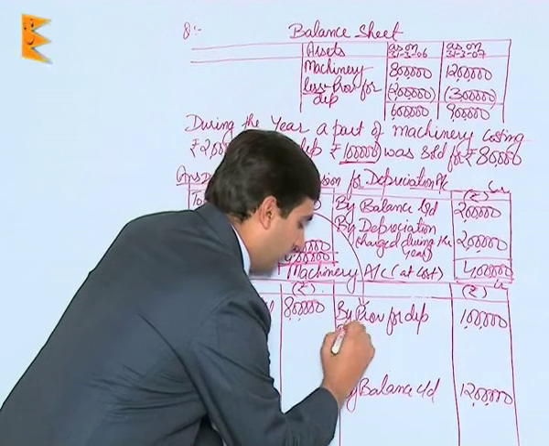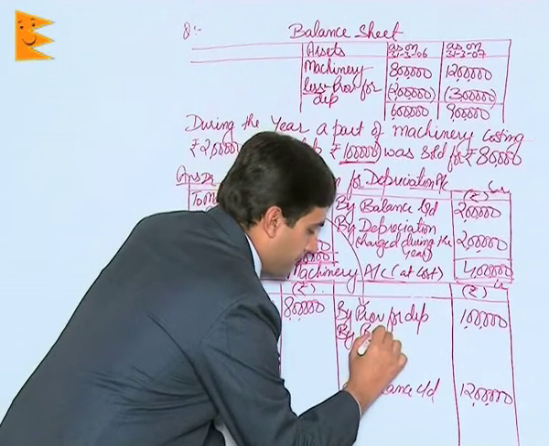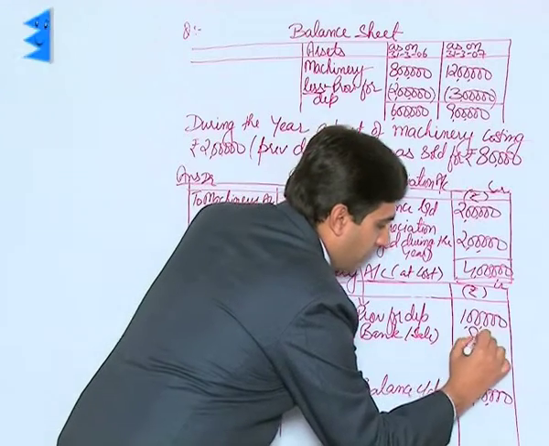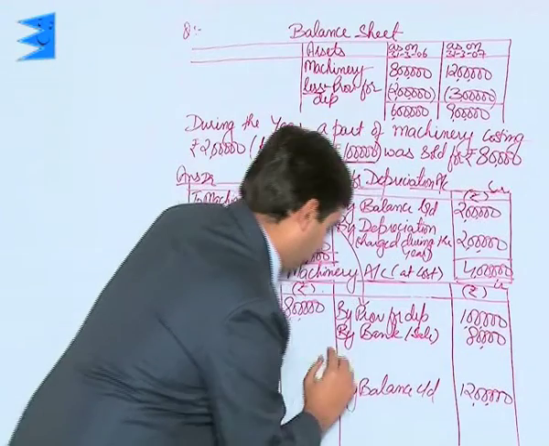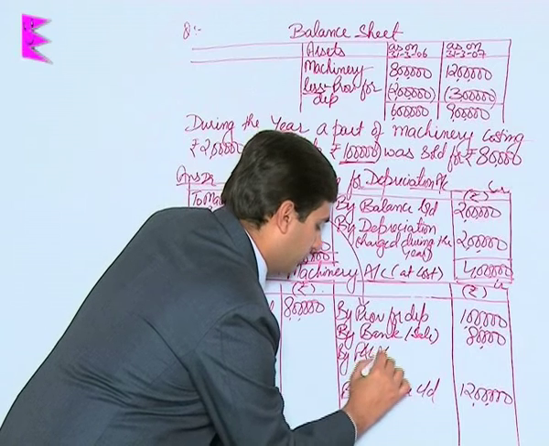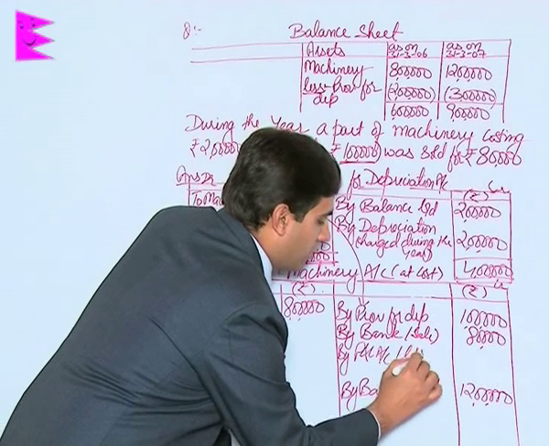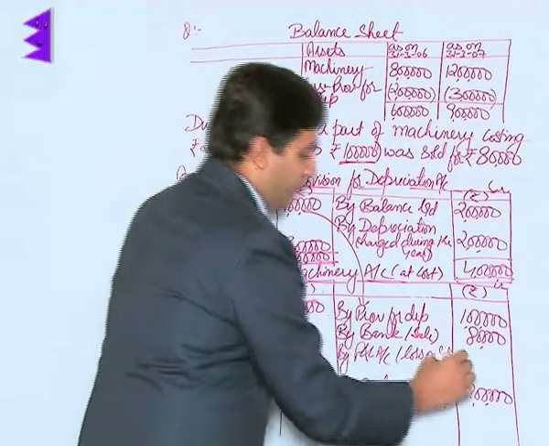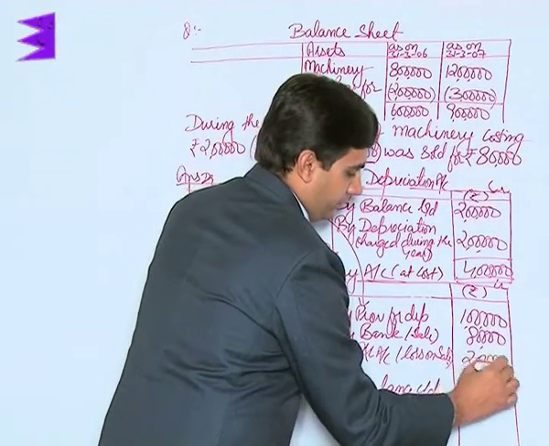So we'll record both of them as by bank, sale, 80,000, by profit and loss account, loss on sale, which comes to rupees 20,000.